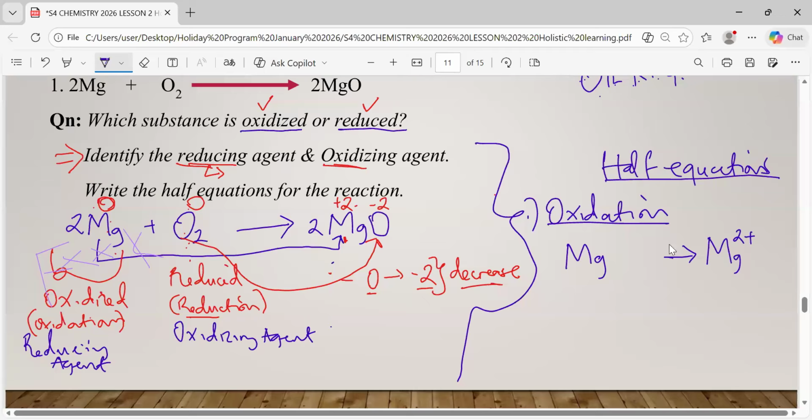But what is happening in this? There is loss of electrons. How many electrons are being lost? 2 electrons. So here we can say minus 2 electrons. So the half equations even indicate the number of electrons that have been lost or gained. Now, when you look at reduction, oxygen is the one undergoing reduction.